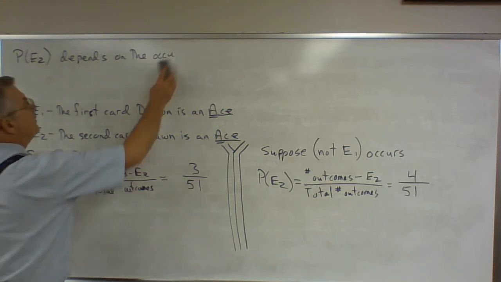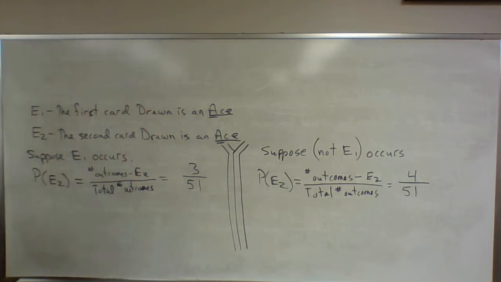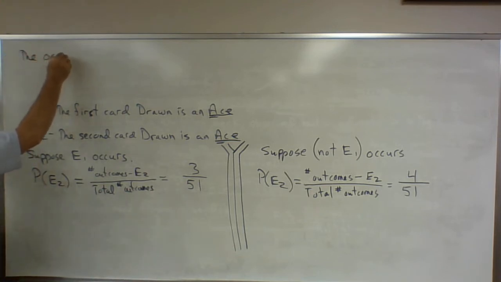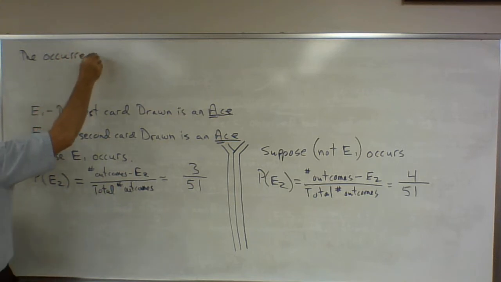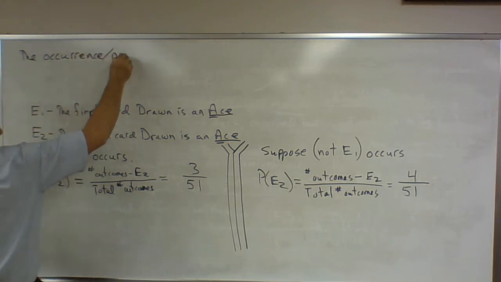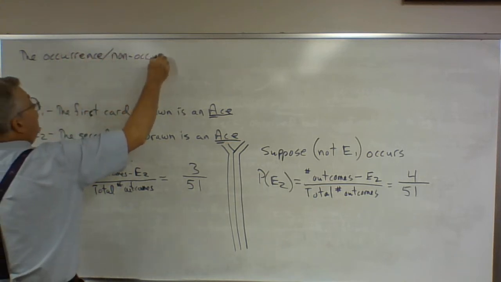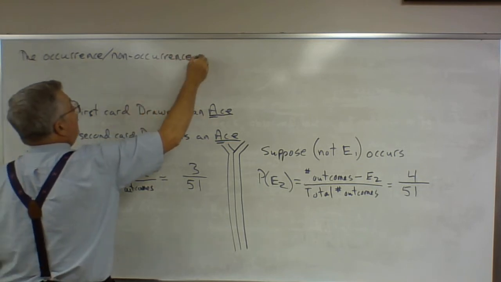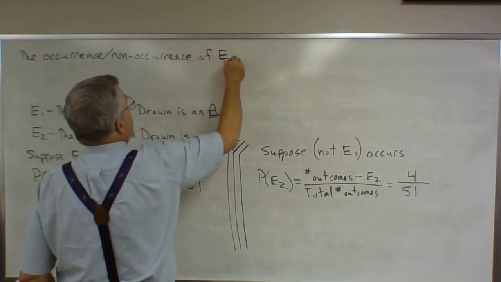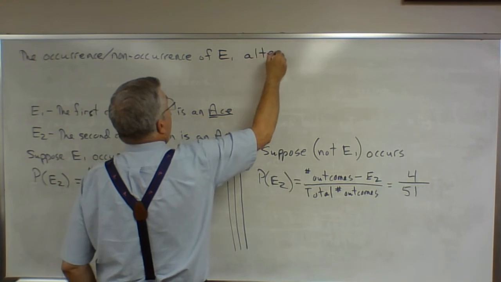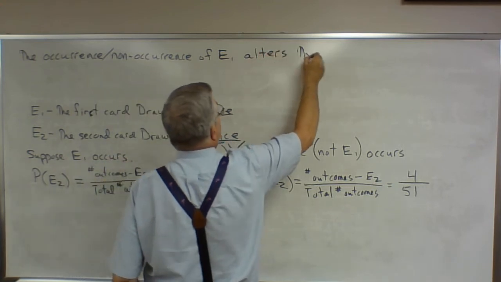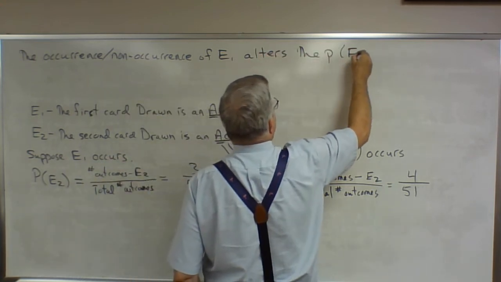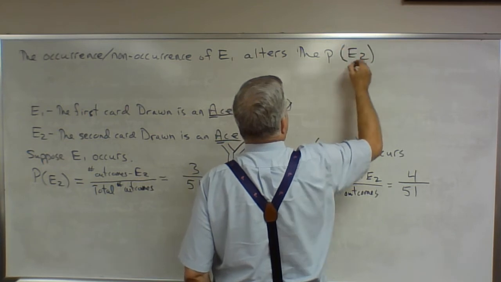How would I say that? Let me see. The occurrence or non-occurrence of E1 alters the probability of E2 occurring.